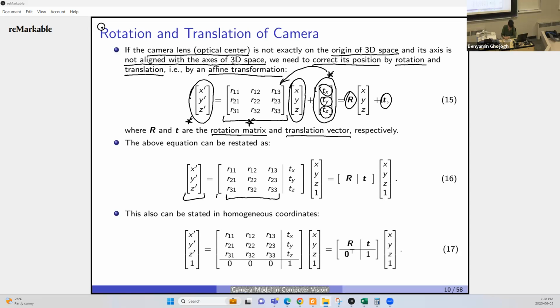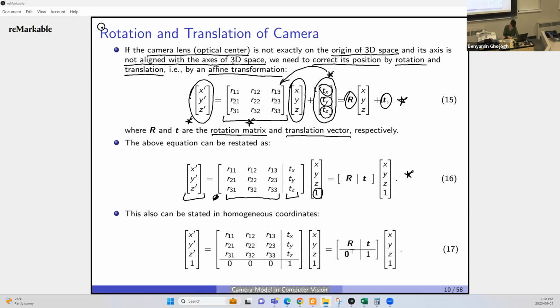How? So this is the rotation matrix that I had. I add a new column for the translation vector, and I add a fake dimensionality 1 for the XYZ. Okay. Then you can see it's exactly equivalent to equation 15. If you multiply the matrices and the vectors in equations 15 and 16, you will see they are the same.